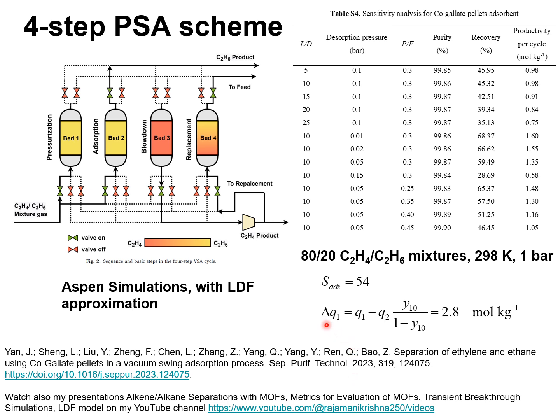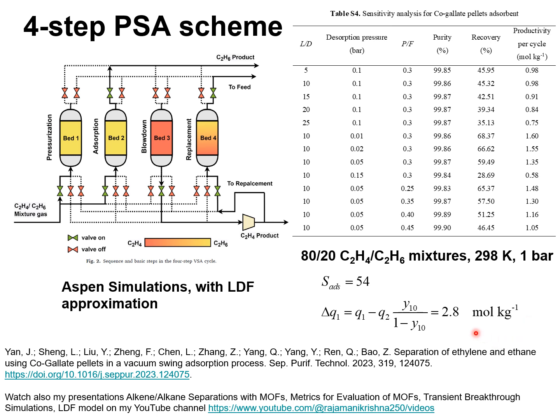And the separation potential, which is derivable from the shockwave model, leads to the determination of the maximum productivity that is achievable in PSA separation, and this is 2.8 moles per kilogram.